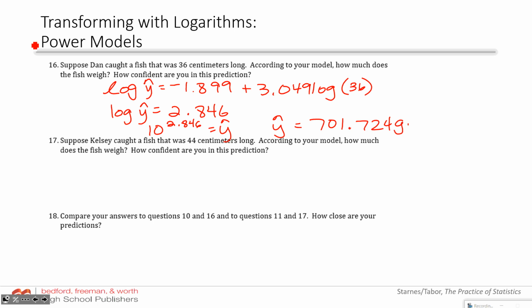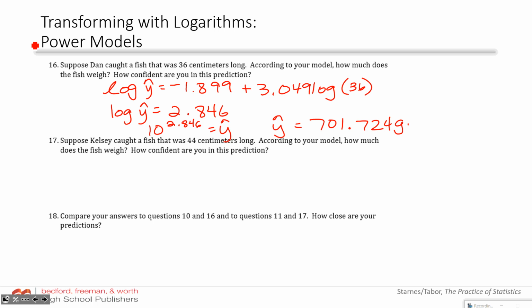So how confident are we in this prediction? Well, if I go back and look at the original data, the length here is 36 centimeters. That's within the domain of the x values that they gave me in the original data. The relationship we said is a really strong relationship, so I'm pretty confident in this answer.